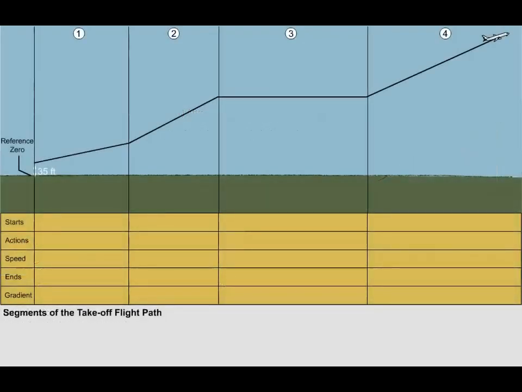The takeoff climb is generally split into 4 unique segments. Each segment is characteristic of a distinct change in aeroplane configuration, speed, and/or thrust, with various actions and climb gradient requirements. Generally, there are 4 segments, and you will need to learn what unique characteristics define each segment.